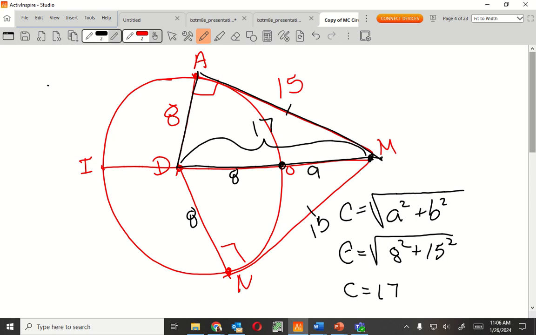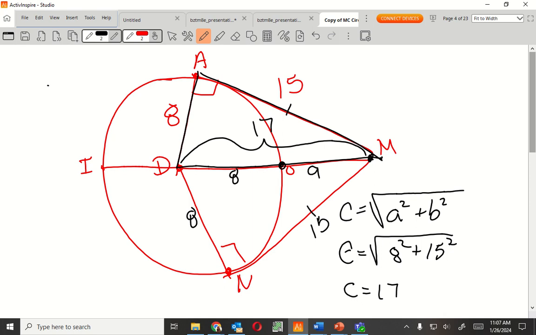Both together have to add up to 17, right? So the whole thing is 17, we went 17 minus 8, so the leftover here is going to be 9. Make sense? A little bit better?